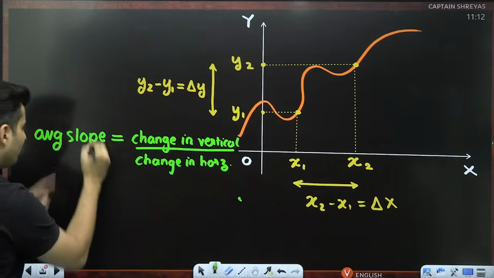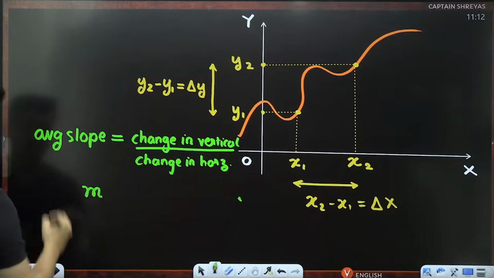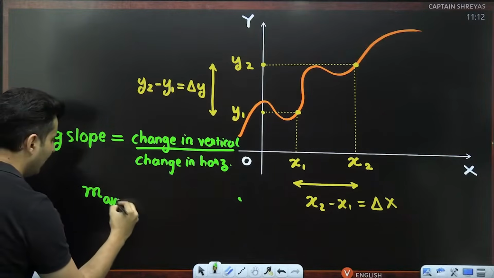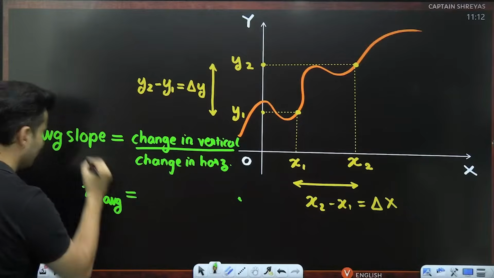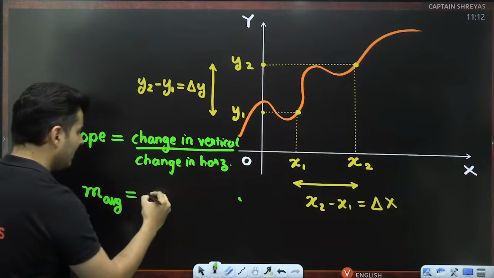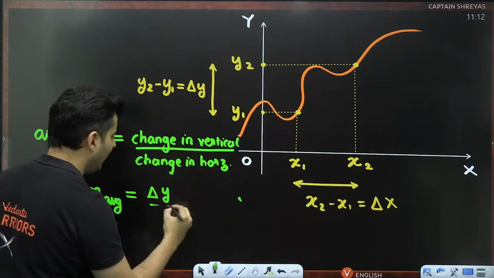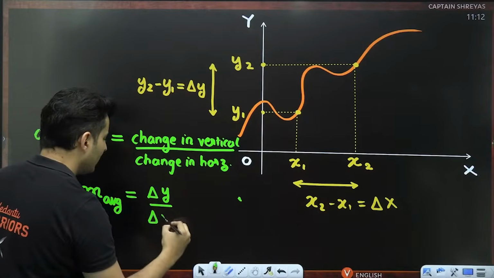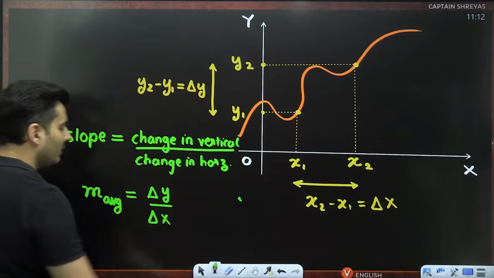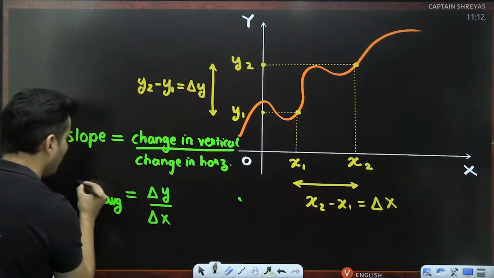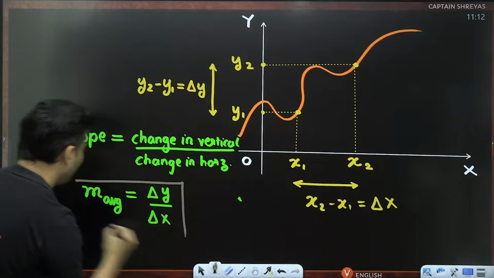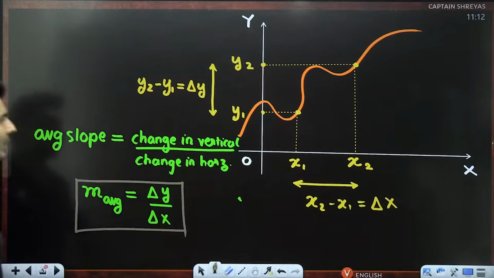The usual symbol of slope is m. Because I am finding average, I will put avg, which is the average slope. The symbol of slope is m. Change in the vertical direction is delta y. Change in the horizontal direction is delta x. Hence, this is the formula of your average slope. M average is nothing but delta y by delta x.